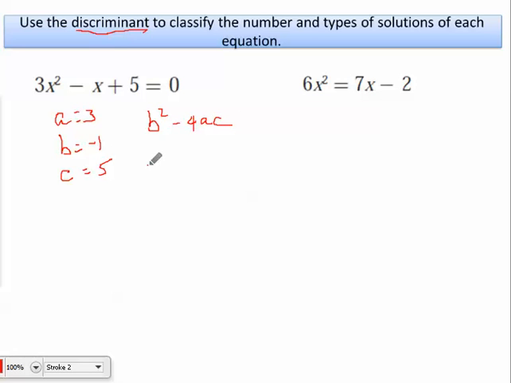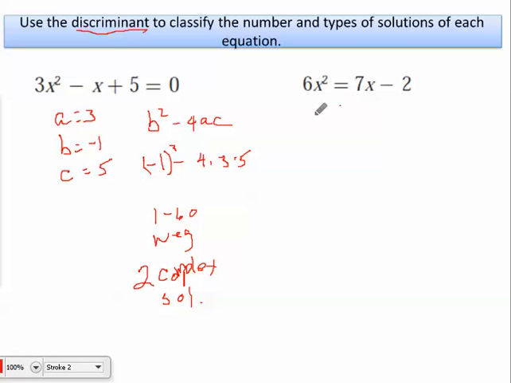So -1 squared minus 4 times 3 times 5. 15 times 4 is 60, so I've got 1 minus 60, that's negative. So I have 2 complex solutions. Okay?